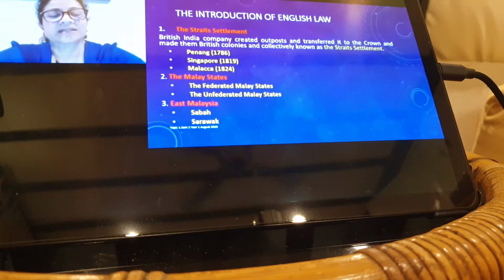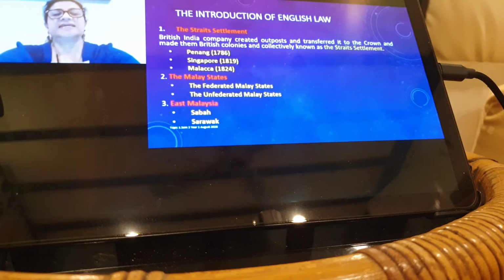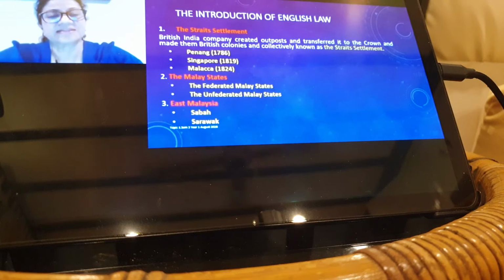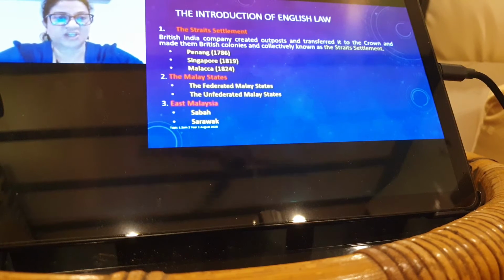The second stage is the Malay states, and the third stage is East Malaysia. So there are three stages that we are going to look at, and these three stages are crucial in understanding the development of the colonial power of the British in ruling Malaya.